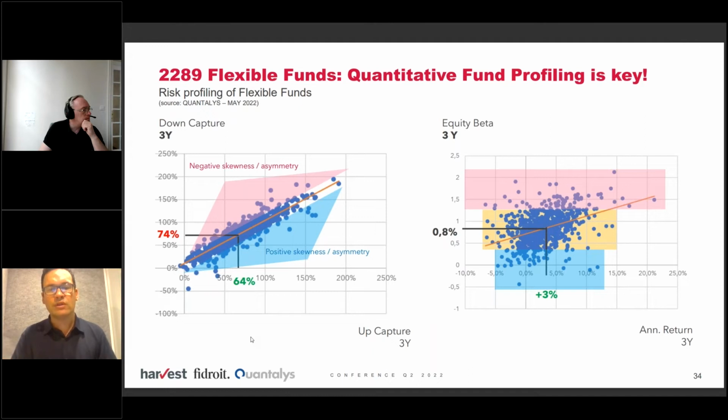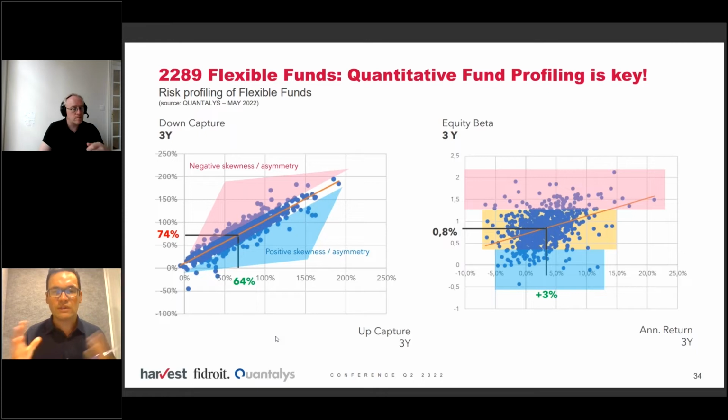And so you understand very well that the best is to have a positive skewness and asymmetry when you select a fund. You clearly prefer to select a flexible fund who captures 150% of the increase and, on the other hand, captures just 50% of the decrease when the market decreases. This is clearly the dream.